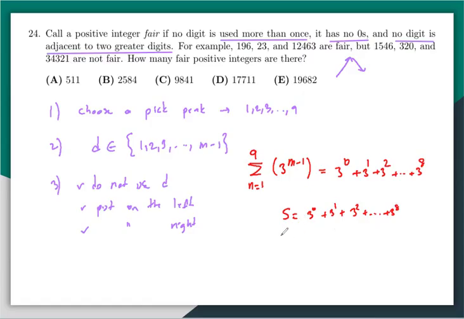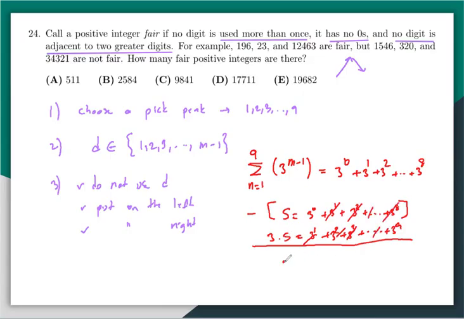Then I multiply this by 3, because that's the common ratio. So you get 3 to the first, 3 to the second, 3 to the third power, all the way to the 9th power. And then we just subtract. This is actually the way we get the formula itself. So I just did it one more time, in case I don't remember the formula, which I do, but I don't like using it that much.